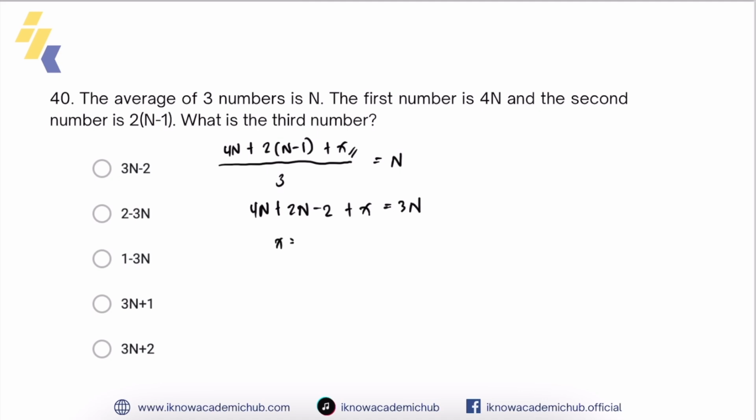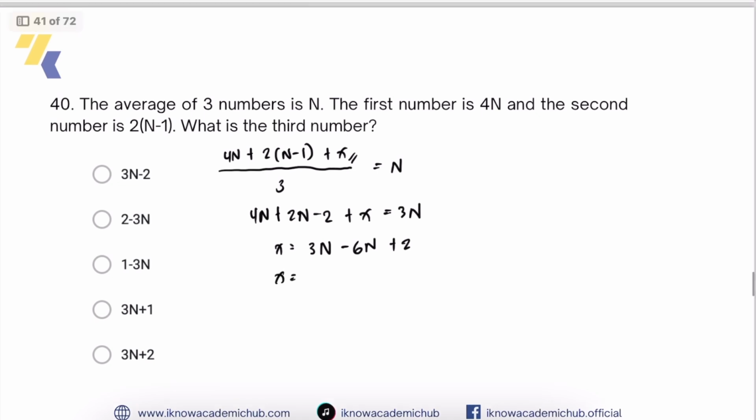And x is equal to 3n minus 6n plus 2. We have x is 3n minus 6n is negative 3n plus 2, or 2 minus 3n. And this is the correct answer.